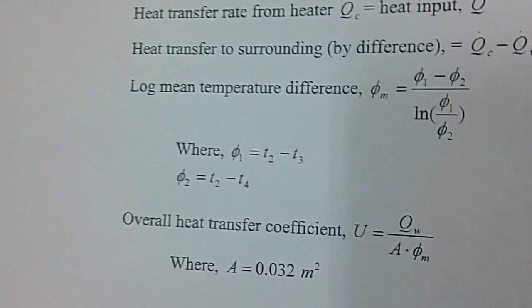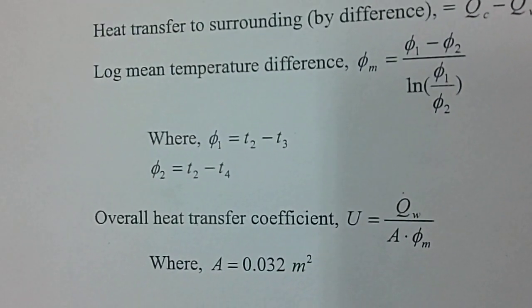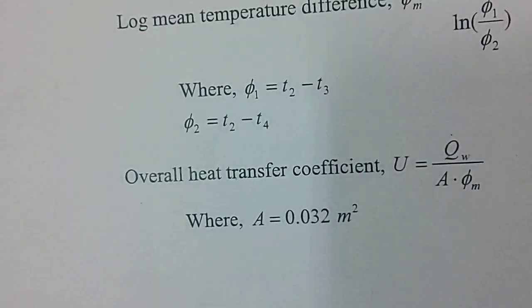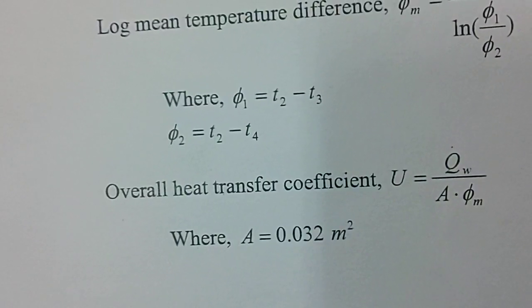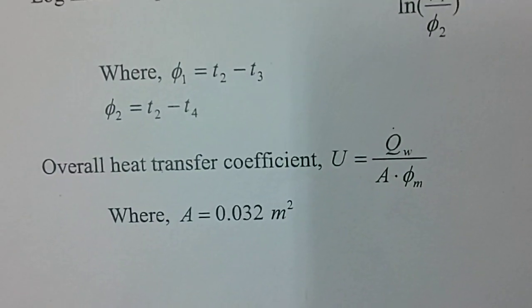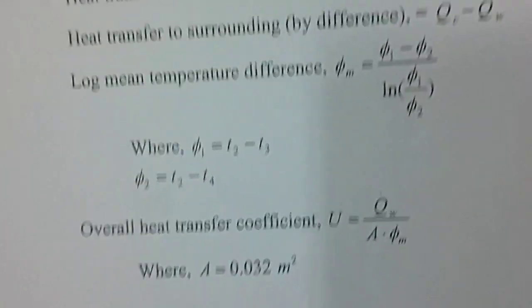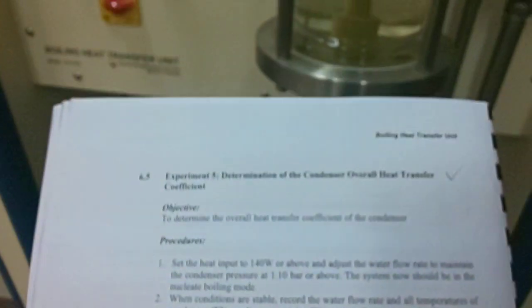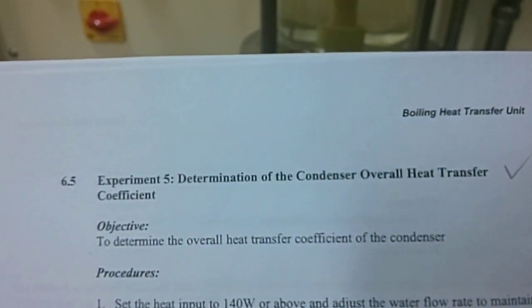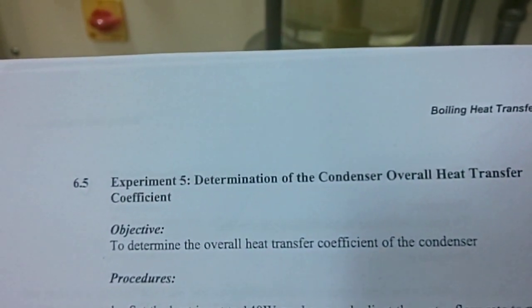And the last thing is the overall heat transfer coefficient. The area of the coil is given already to you. So by using these coefficients and these temperatures, you can find out the overall heat transfer coefficient of this condenser coil.